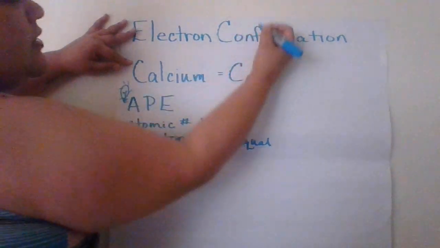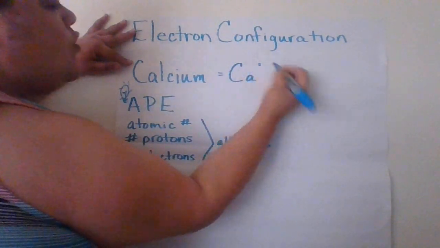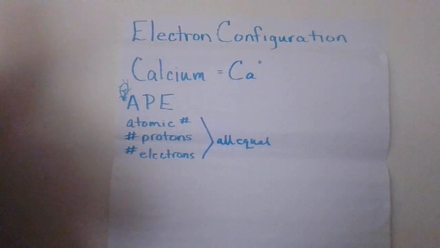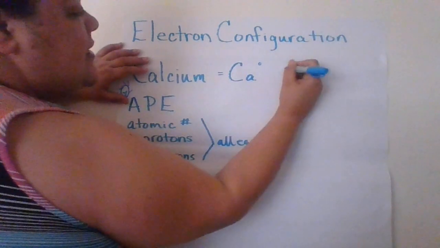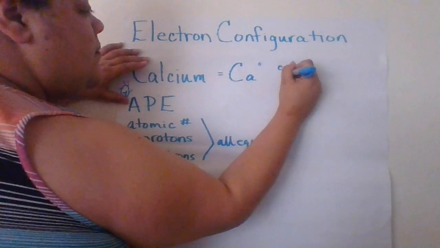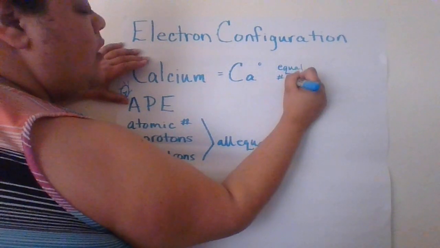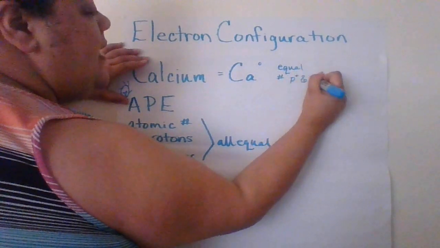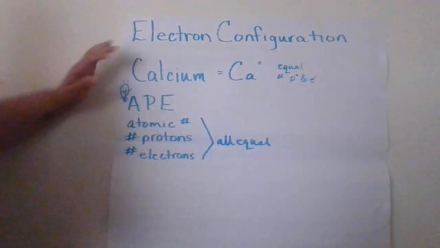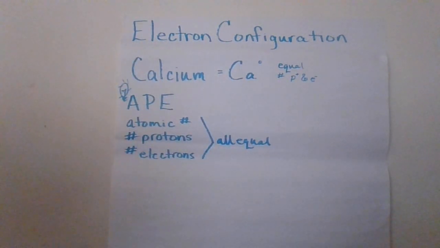And there's an understanding that it is a neutral charge, or there is no charge there, because it has an equal number of protons and electrons, which are our positive and negatively charged subatomic particles.